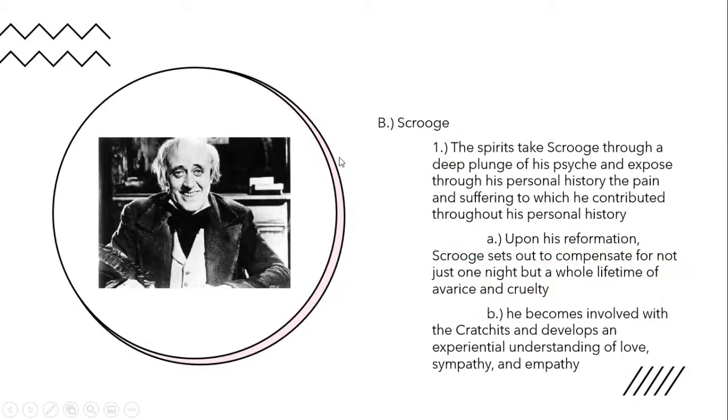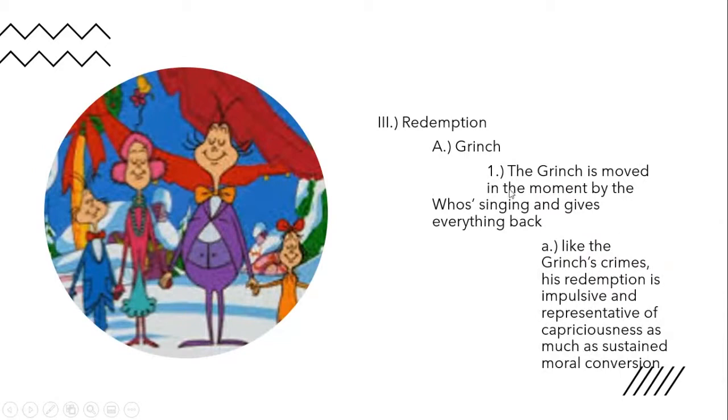If it was a different topic and you had a lot less to say about it, then you could do one paragraph that talks about the Grinch and Scrooge both together in relation to their redemption, and one paragraph that talks about them in relation to crimes. But that's if that's all that needs to be said, right?